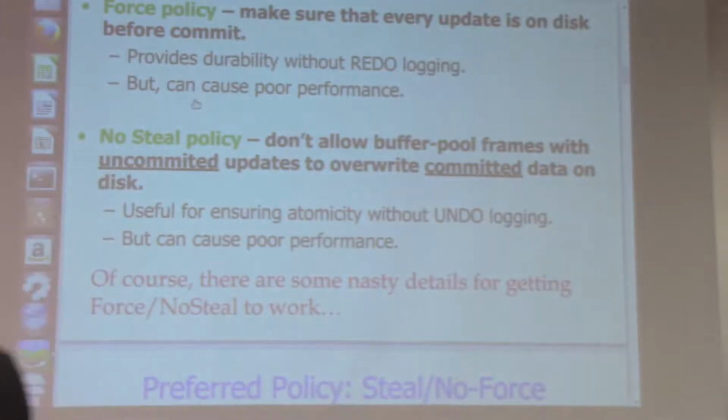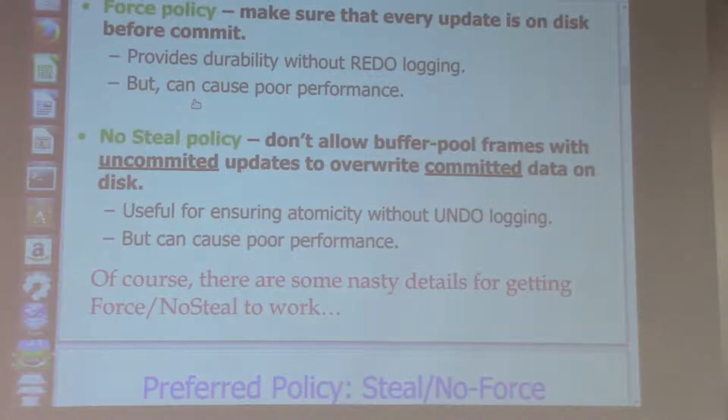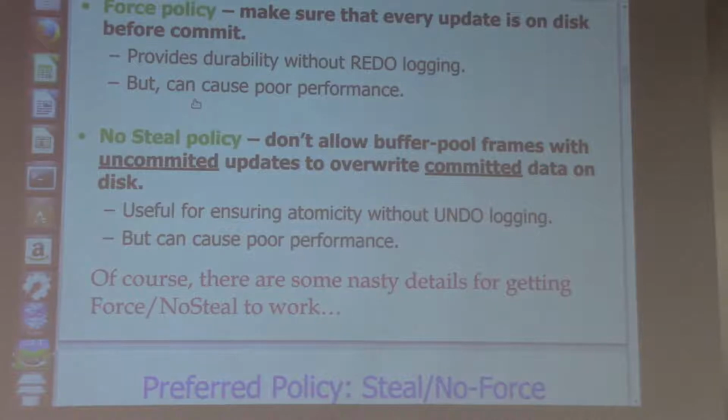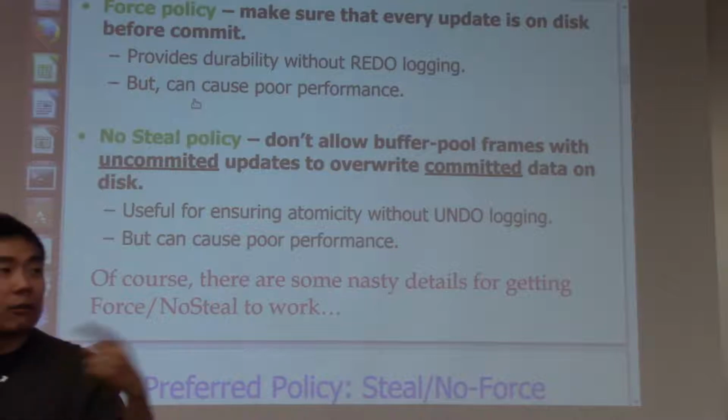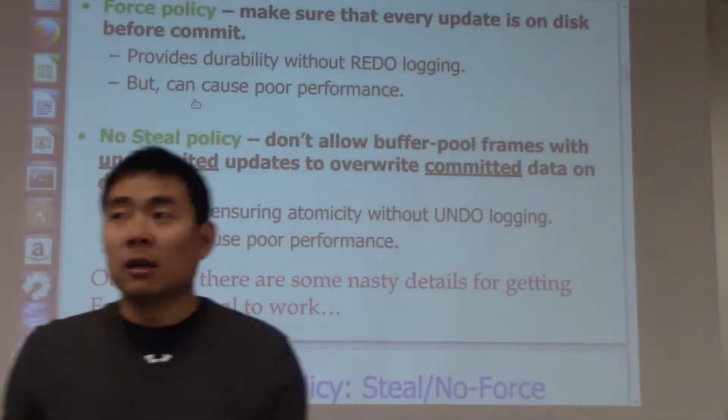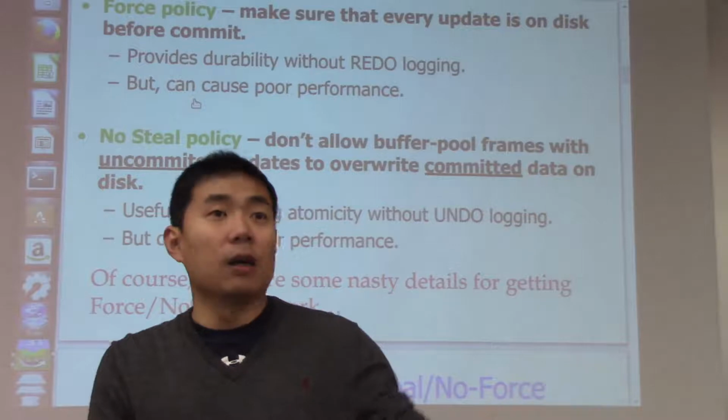So that gives you exactly the opposite: no force and steal. No force means that you do not block a transaction from committing; it can commit whenever he or she wants. Steal means the buffer manager can push dirty pages to disk just as it used to, using whatever buffer replacement policy at the discretion of the buffer manager.